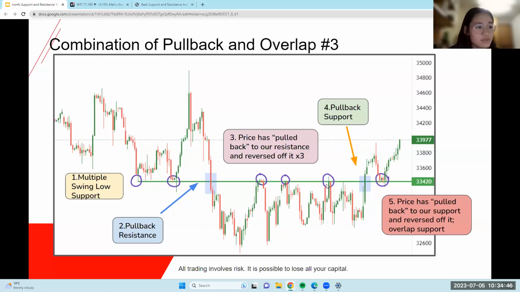You can see it tested the level a couple of times, and then it broke the level again, making it no longer an overlap resistance, but a pullback support.